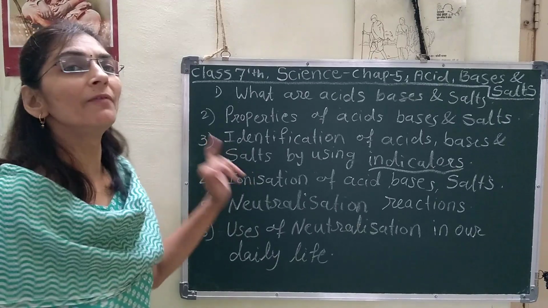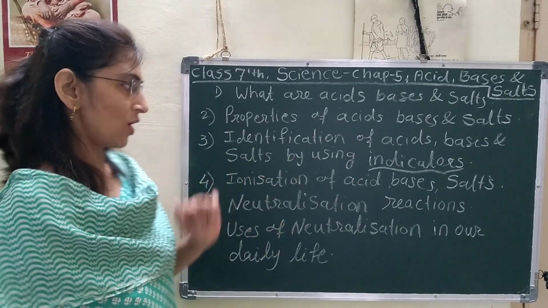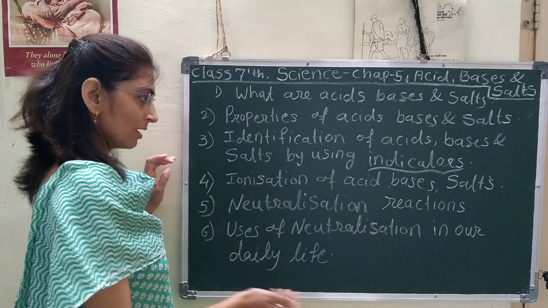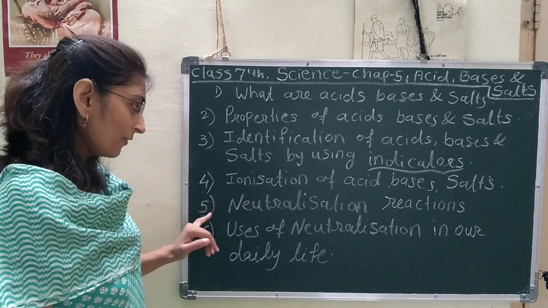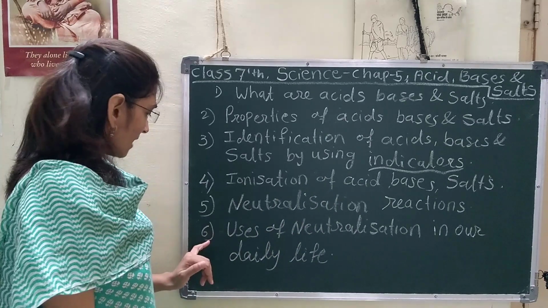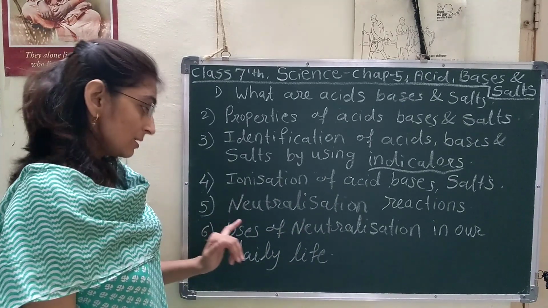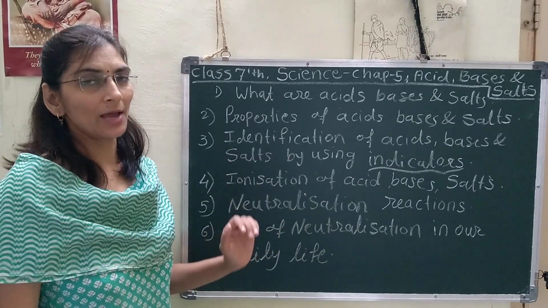Under this point, we will learn the reaction of indicators with acids, bases and salts. The fourth point is ionization of acids, bases and salts. The fifth point is neutralization reactions. Then the sixth point is uses of neutralization reaction in our daily life.